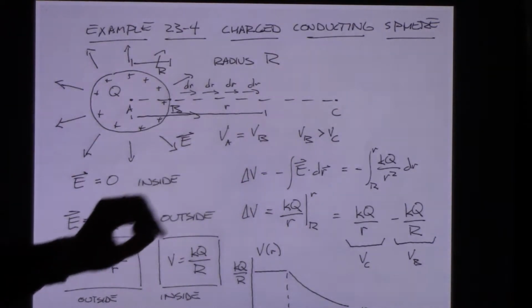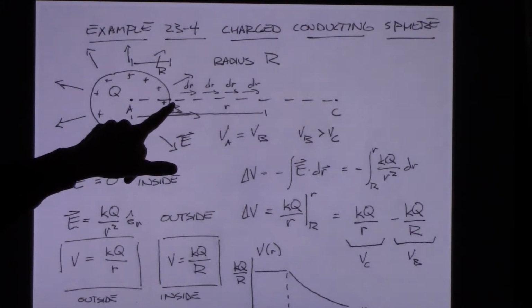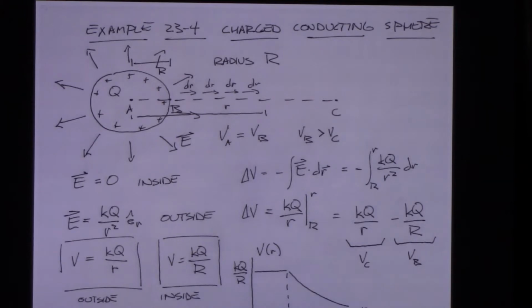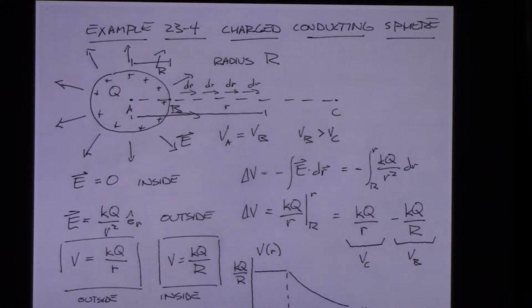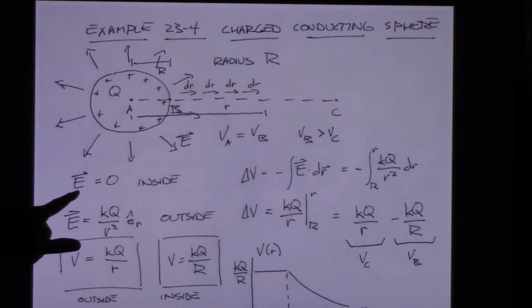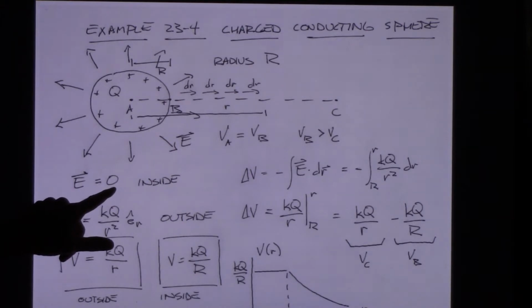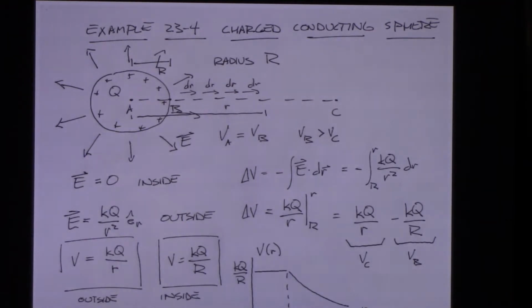Now, another thing I want to point out here is, how does the electric potential at A compare with the electric potential at B? There's always this tendency to say, hey, if the electric field is 0 inside, the electric potential must be the same thing, and that's just not true. The electric field inside is 0, but the electric field at the surface is not 0.